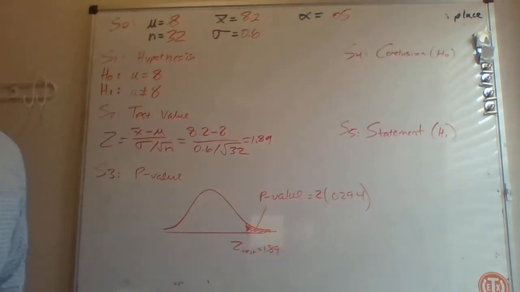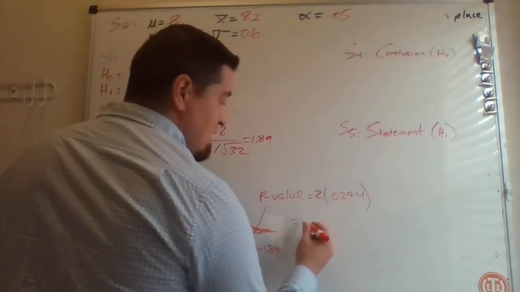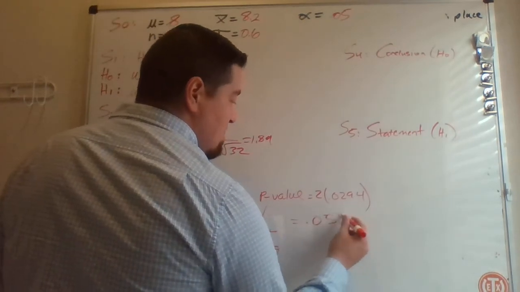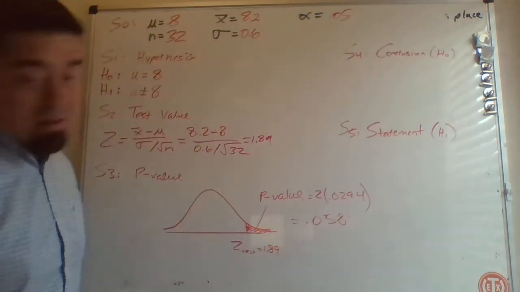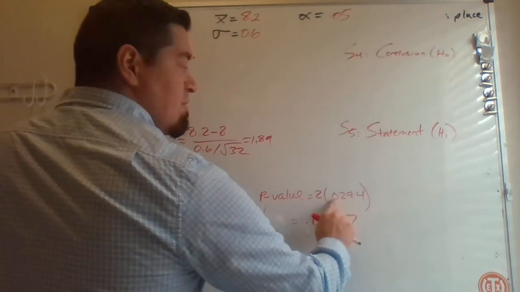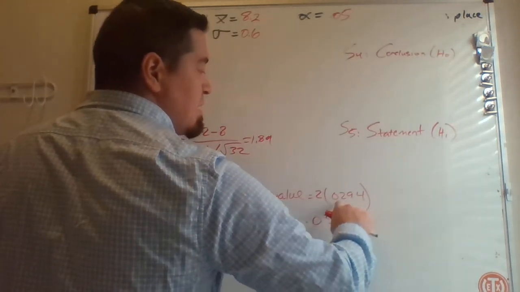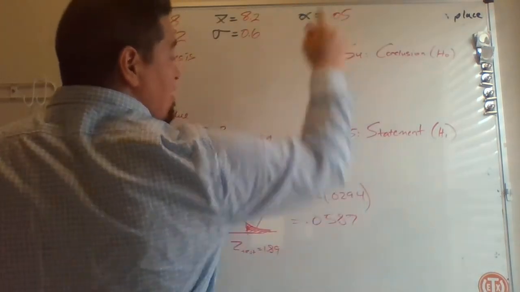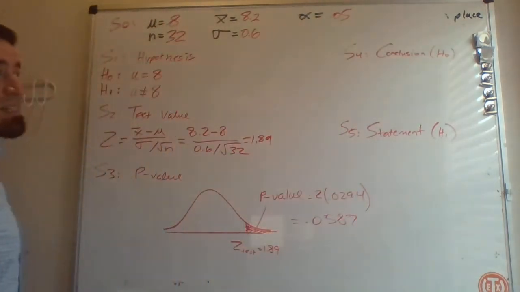So we would times that by 2, and then that's actually the p-value, because you'll notice on this problem that would make a huge difference. If you didn't do it correctly, if you use this as your p-value, you would say it's less than alpha, and you would reject h naught.